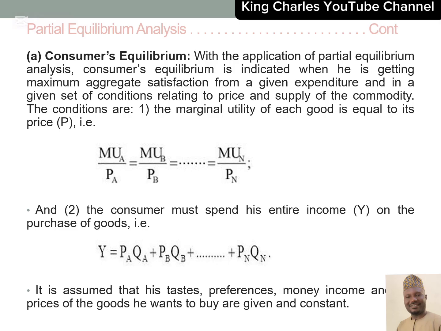The clause is that it is assumed that this consumer's taste, preference, money income, and the price of goods you want to buy are given and constant. They are not changing. They are not what? Changing. You keep them constant so that you'll be able to carry out a perfect analysis. That is what it implies.